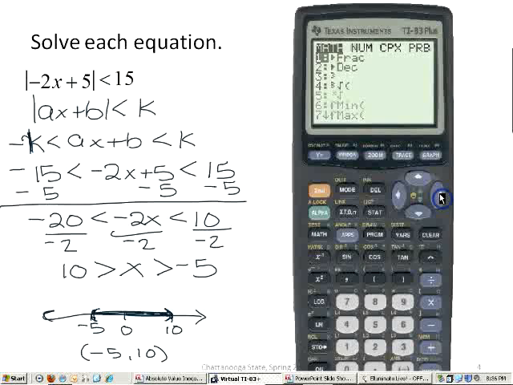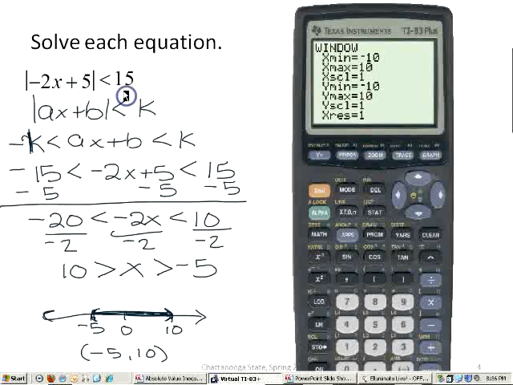And in y1, I want to use the absolute value, so I go to Math, then I arrow over to the num column, and I pick the first option. So I want the absolute value of negative 2x plus 5 in y1, and I want the 15 in y2.